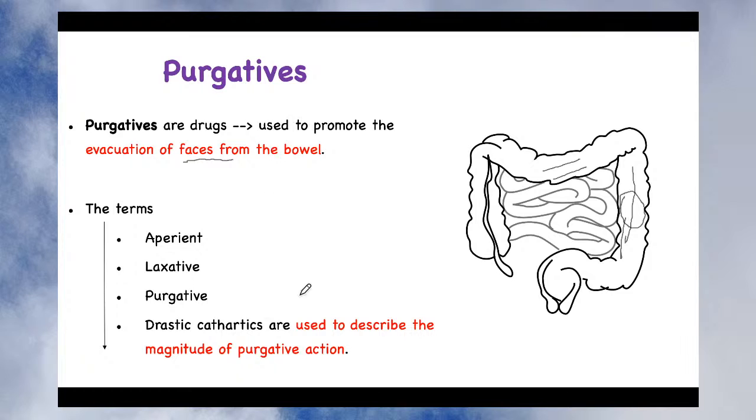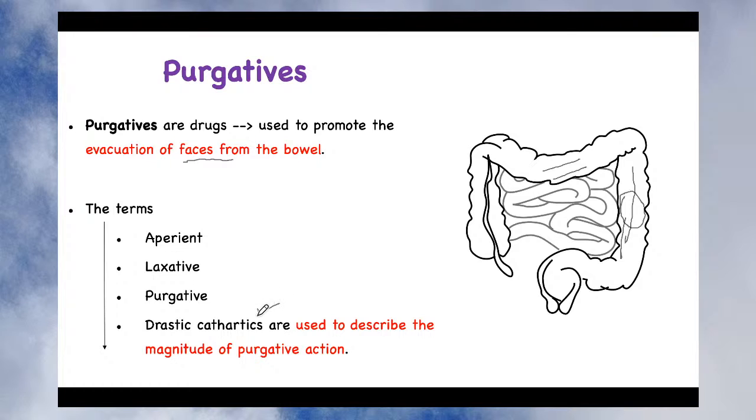For example, if the patient is suffering from mild constipation, in such a case you can use an aperient or laxative drug. Likewise, if he is suffering from mild to persistent constipation, you can use a purgative drug. If he is suffering from very severe constipation and the aperient, laxative or purgative doesn't work, only in those cases should you go for the drastic cathartics.